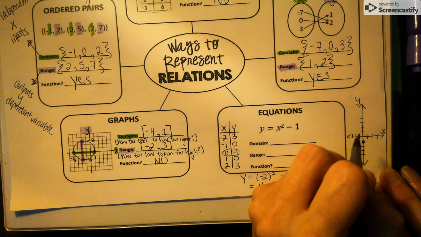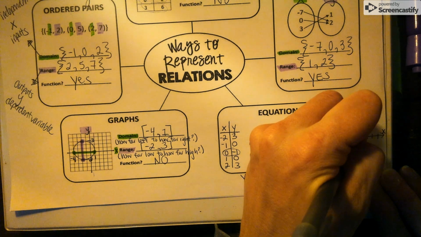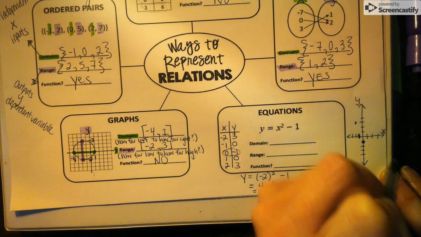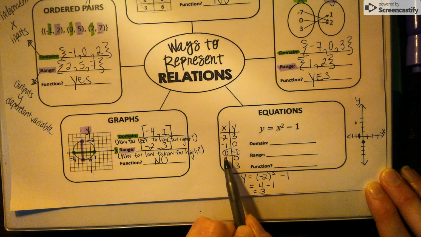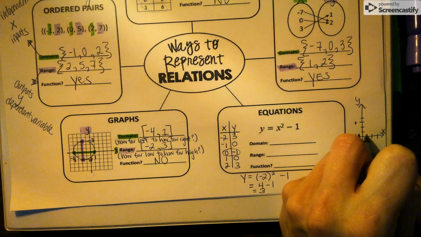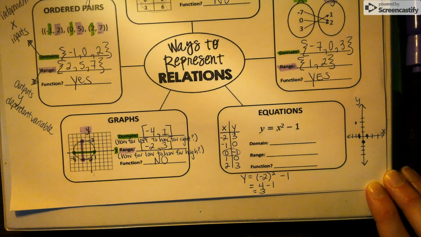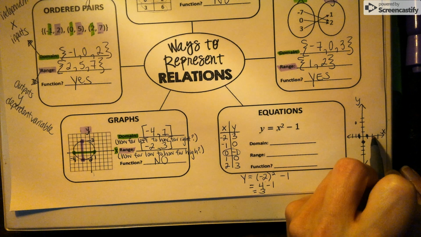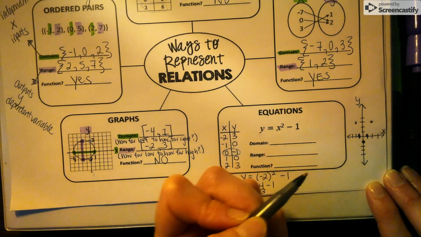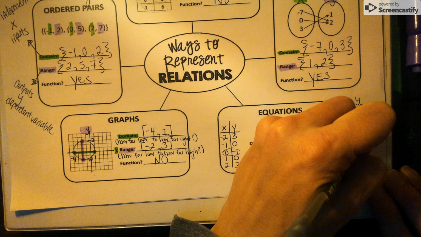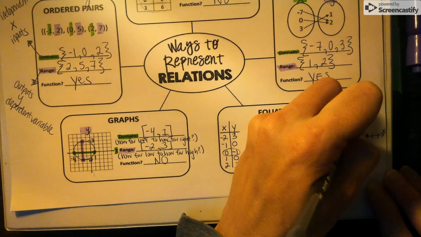And -2, 3 would be over here. If I go in the positive direction, 1, 0 is there, and 2, 3 is up here. So what's happening is this U shape is forming.